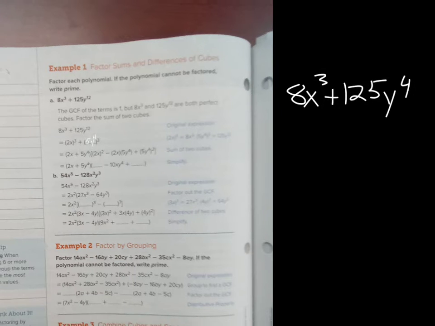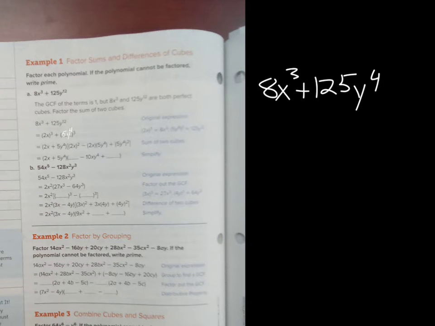So here's our original, 8x cubed plus 125y to the 12th. I know we need some a's and b's. So this is my a cubed, and I'm saying a cubed because that's referring to the formula, and this is my b cubed. So now I know that I need an a, and we just did this.